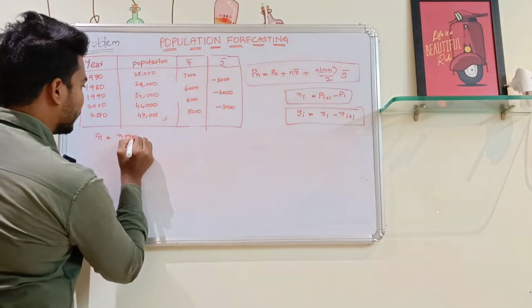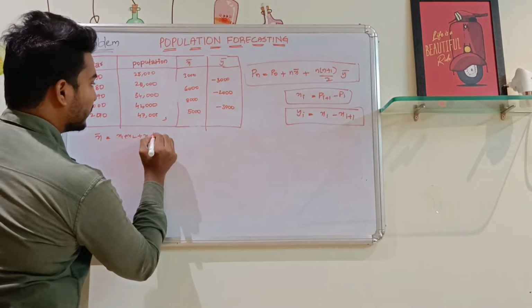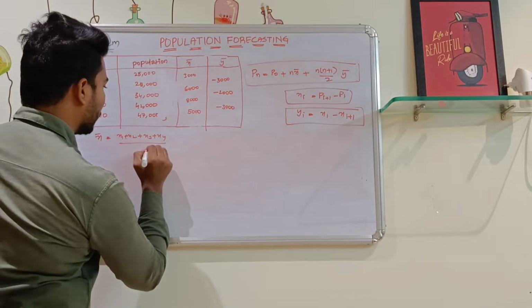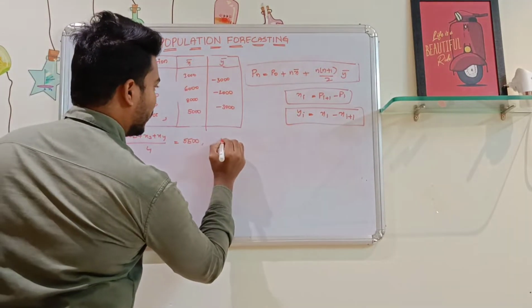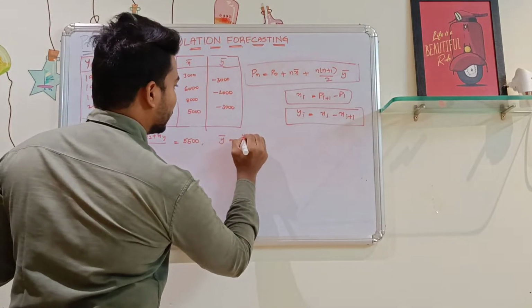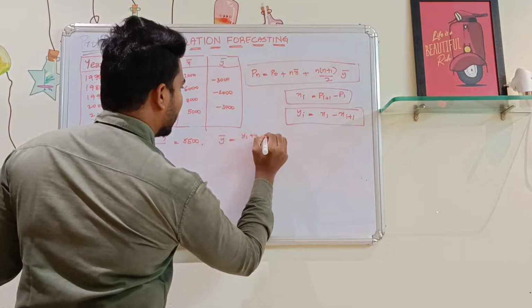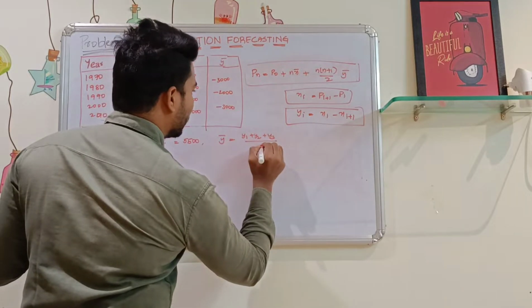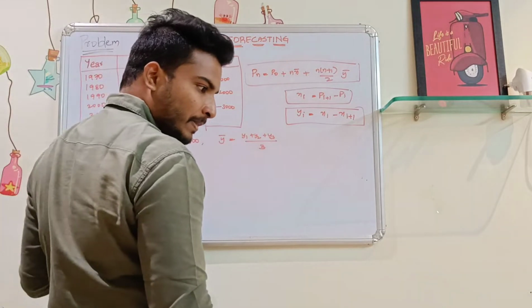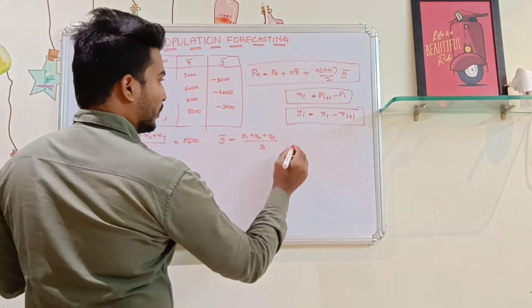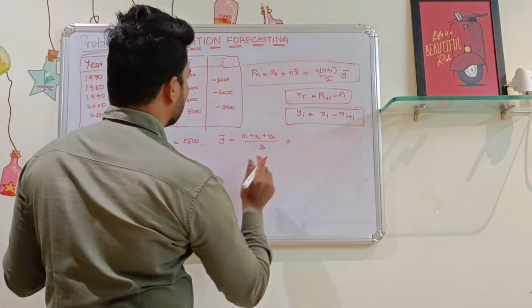x1 plus x2 plus x3 plus x4 by 4. We have already calculated, the value is 5500. What is y bar? Y bar is y1 plus y2 plus y3 by 3. Okay, what is the value?